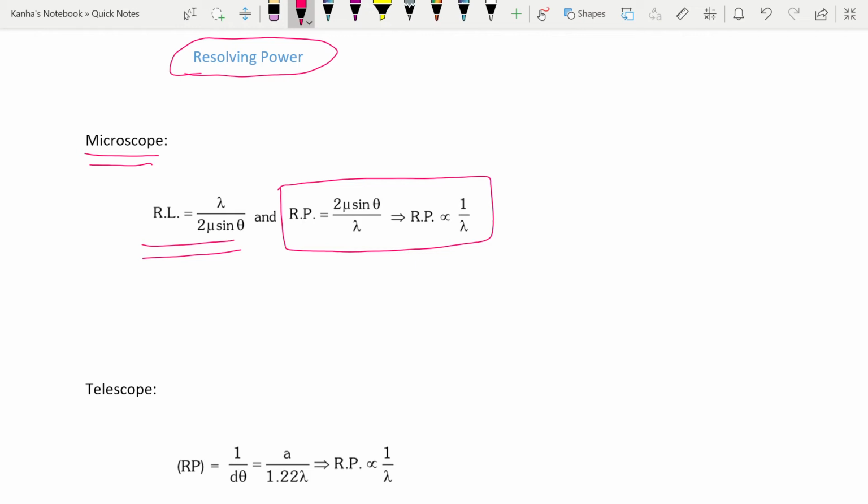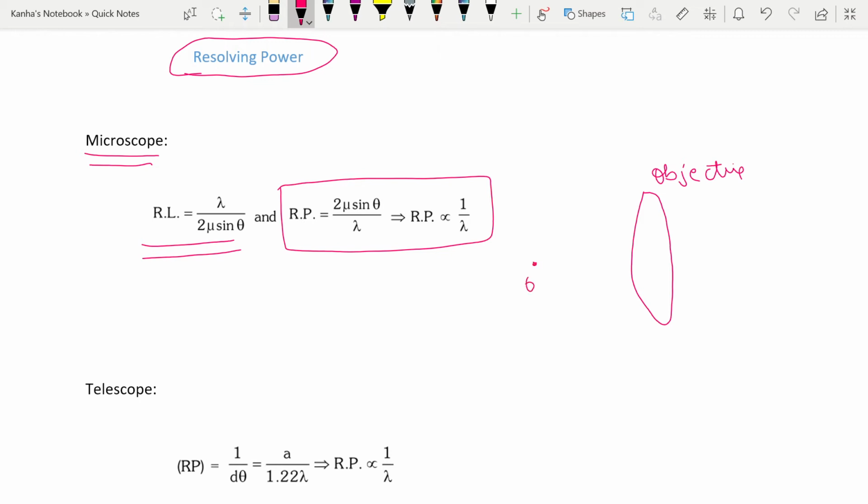Note that lambda is the wavelength of light used to illuminate the object. Mu is the refractive index of the medium between the object and the objective, and theta is the half angle of the cone of light from the point object. So this is your objective lens.